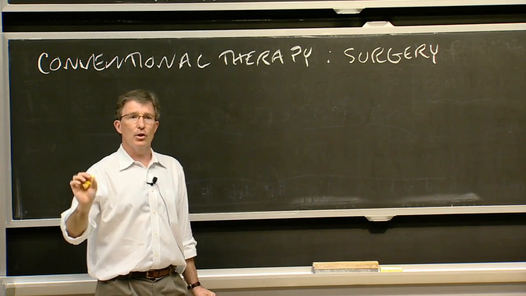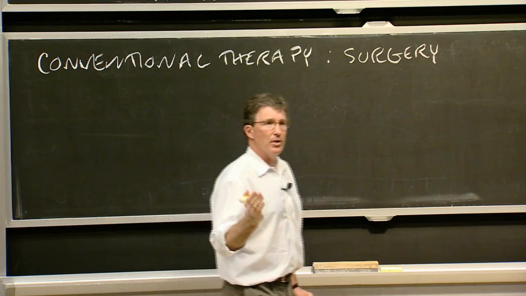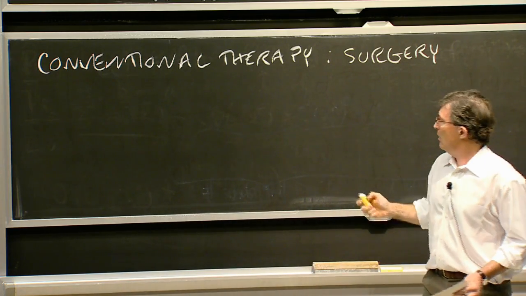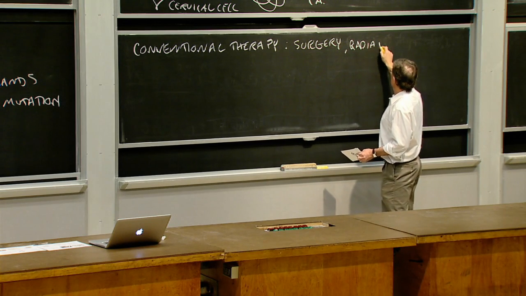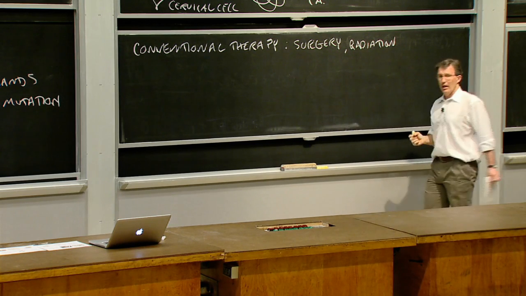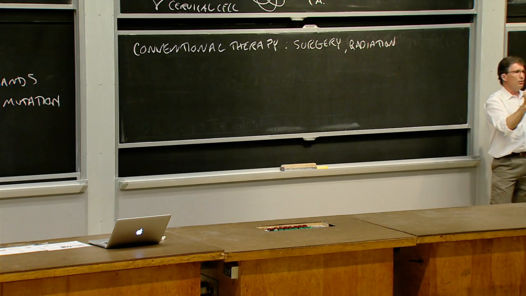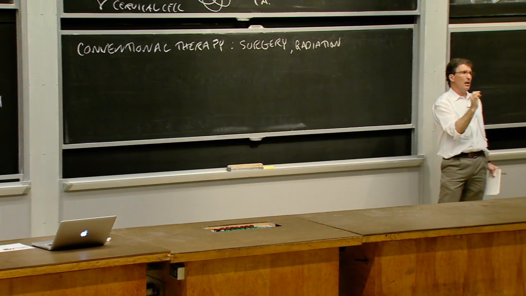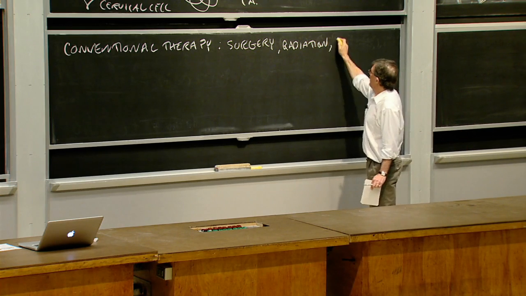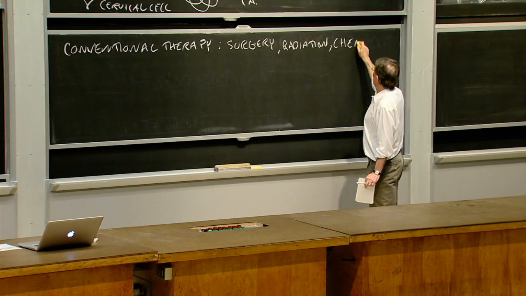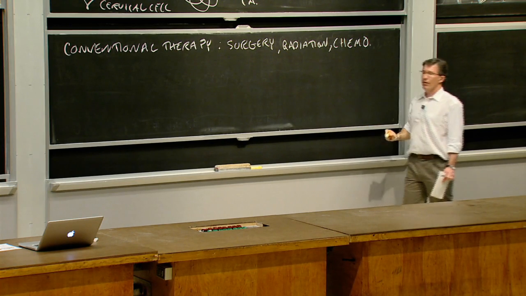If you can get to the tumor early, before it's spread, you cut it out, the person is generally cured. Another very effective form of cancer therapy is radiation therapy. And this is good because you can focus the radiation beam directly on the cancer cells and eliminate them by causing a lot of damage to those cells. And the third is chemotherapy.